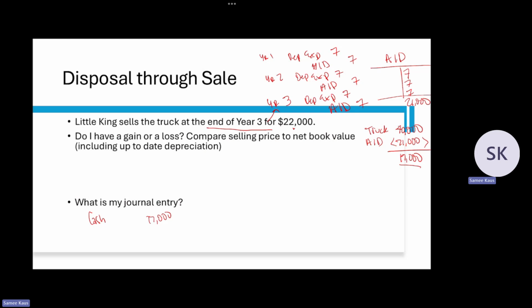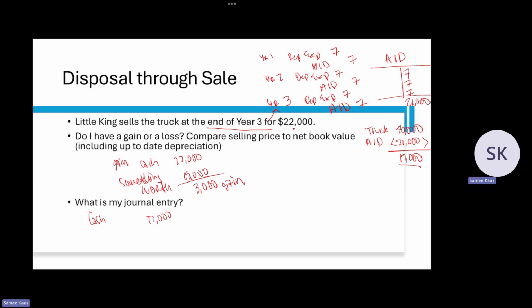That tells me that I have a gain. I'm getting cash of 22,000 for something that's worth 19. So I have a gain of 3,000. So I've done okay.